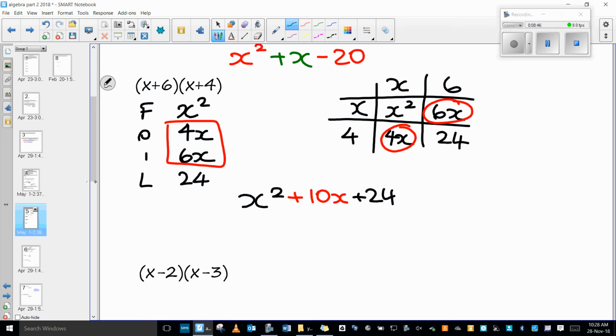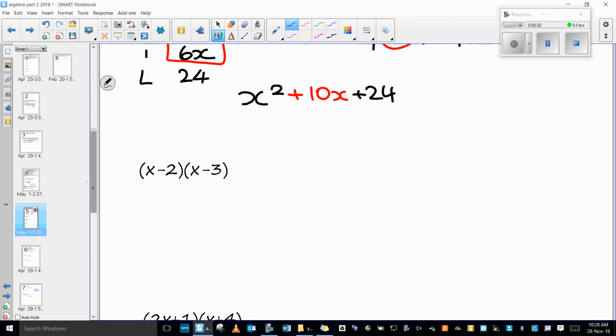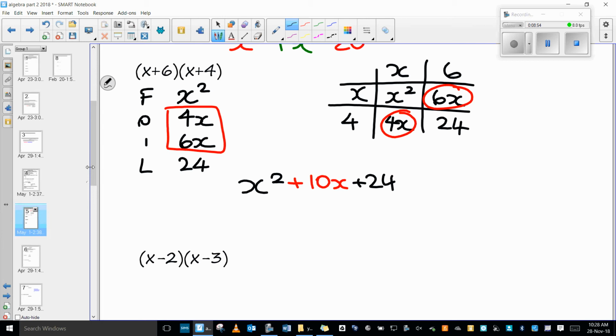So you add the like terms? Yes. So the multiplying gets finished once you've done either FOIL or boxes. So once you've got those answers, that's it done. But we have to remember that when we expand, we might have to end up simplifying. So that's where you have a look to see if you can simplify it, and we can because there are like terms here. Okay? Does it matter which side you put the terms? No, not at all.